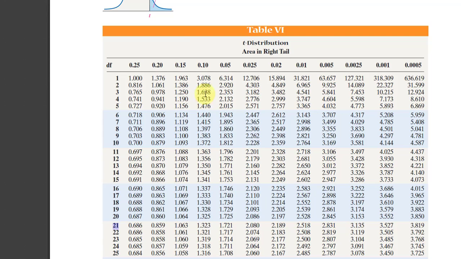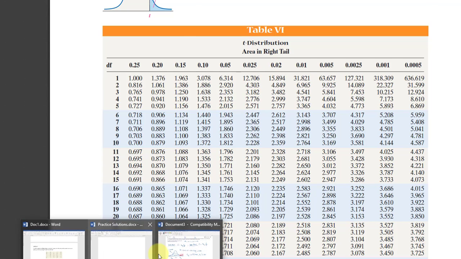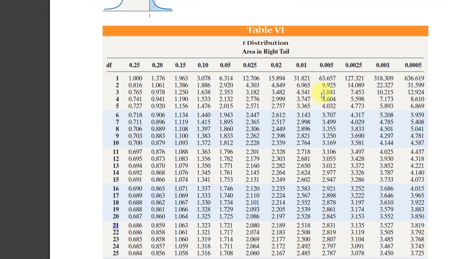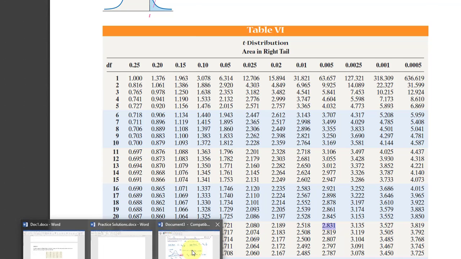Remember, the table gives the area in the right tail, and the area in the right tail of t alpha over 2 is 0.005. So you are looking for the 0.005 column, and going down to row 21, you get 2.831, which is the same value that we got here, about 2.83.